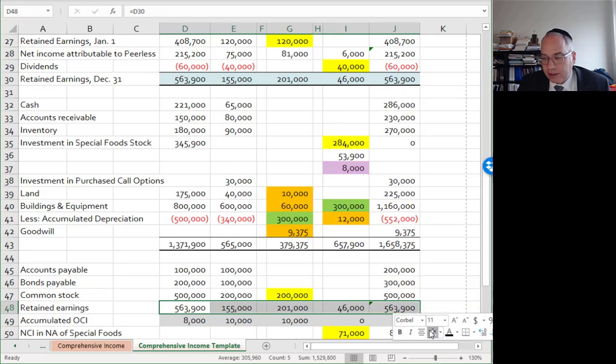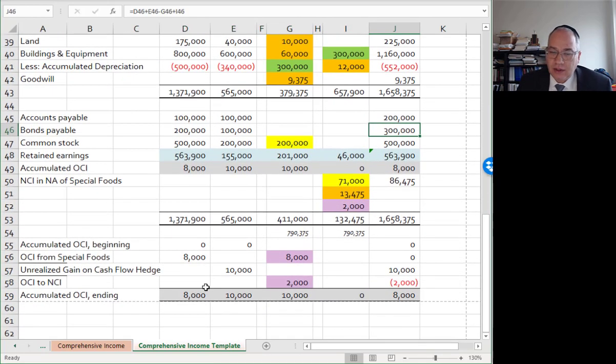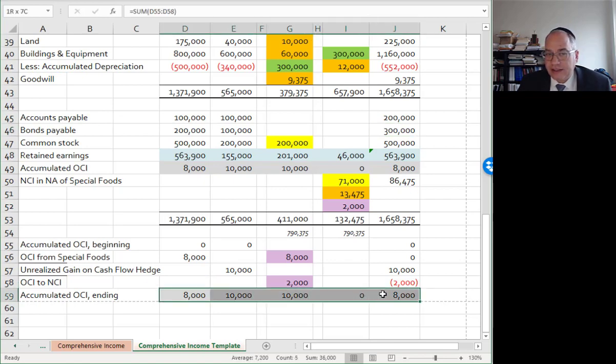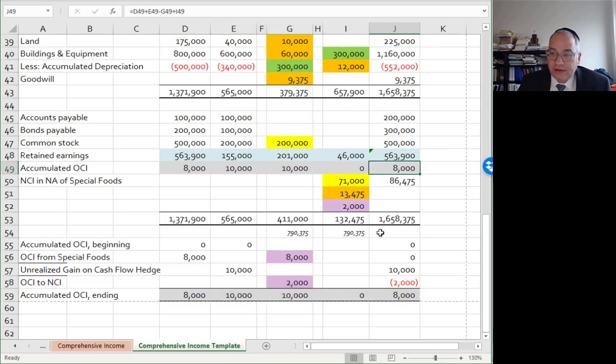And that's how I structured my spreadsheet. Similarly, accumulated OCI at the end is an item on the balance sheet as part of other equity, and therefore this row here is going to flow up to here.